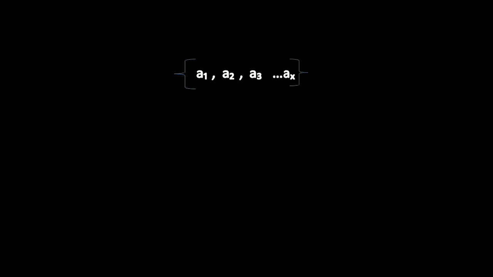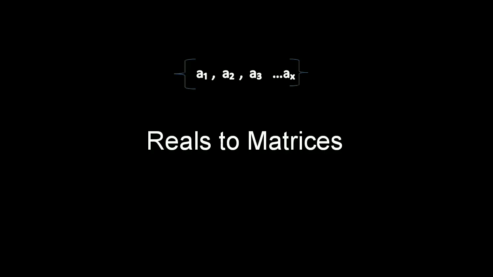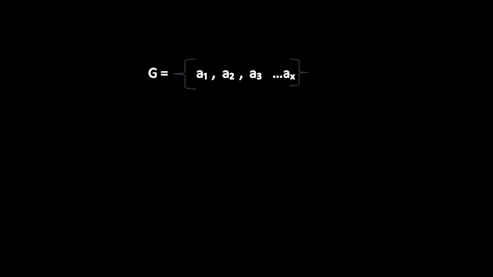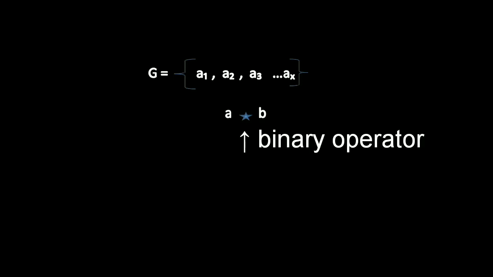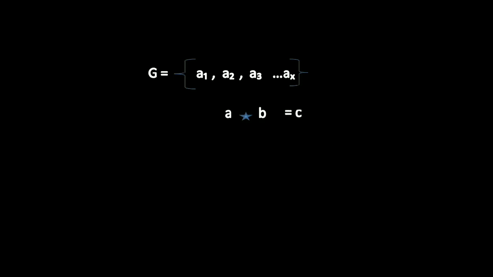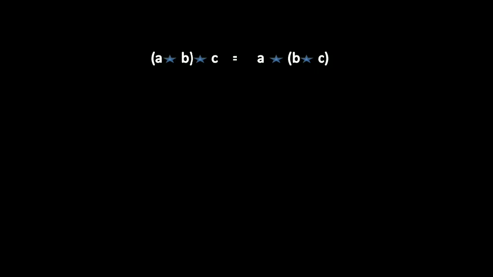Suppose we have a set with some elements. By elements I mean anything, ranging from real numbers to matrices. We call this set G. If we take any two elements from this set and apply an operation, by operation I mean addition, multiplication, modulus, etc. Suppose the result belongs to this set, and apart from that the operation and the elements follow this property which we call the associative property.